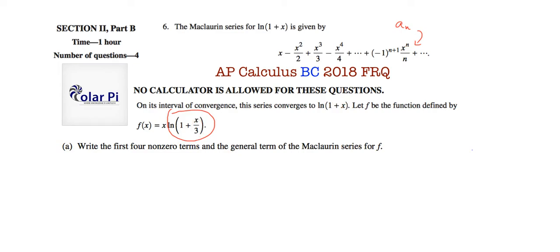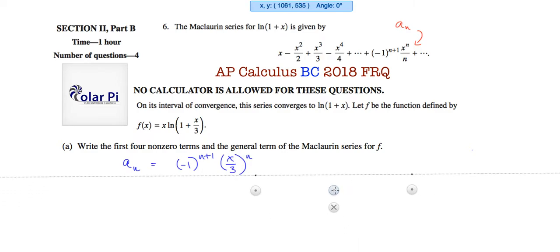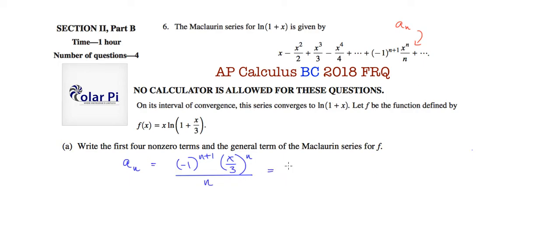So that would mean that we so far have a_n for f looking like the following: negative 1 to the n plus 1, and like we said, we replace that x with an x over 3. So I have x over 3 to the n, and then that divided by n.